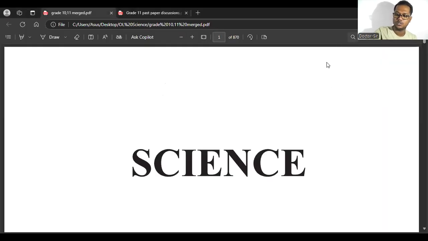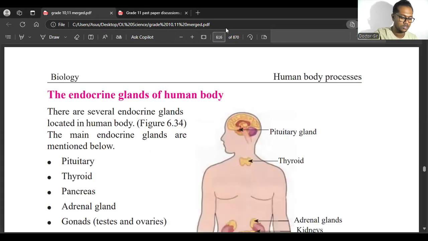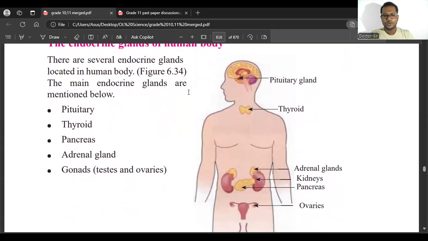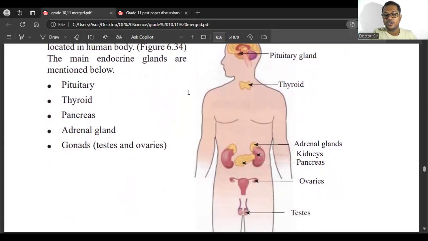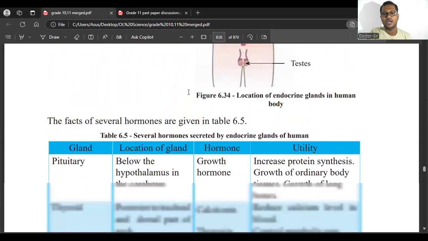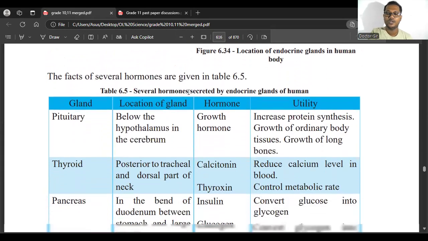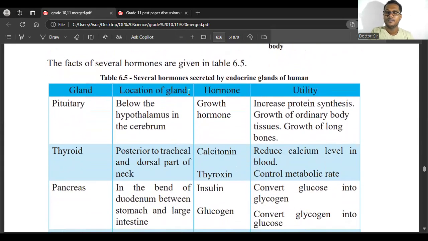So page 616. These are the endocrine glands in our human bodies: pituitary, thyroid, pancreas, adrenal gland, and gonads, testis or ovaries. Right. So here, the pituitary gland, what do they usually secrete?